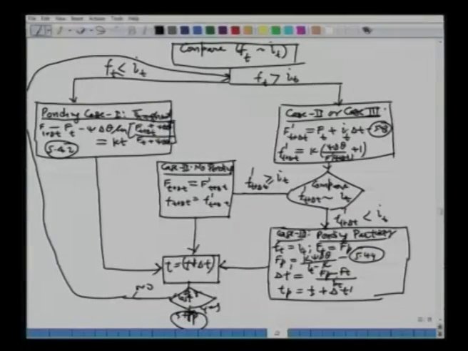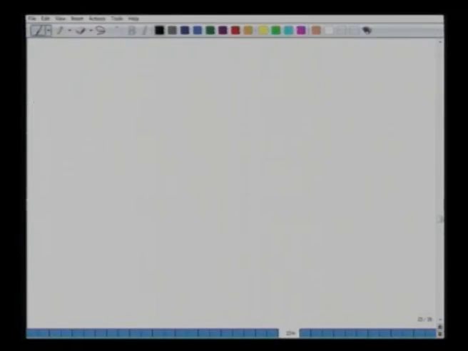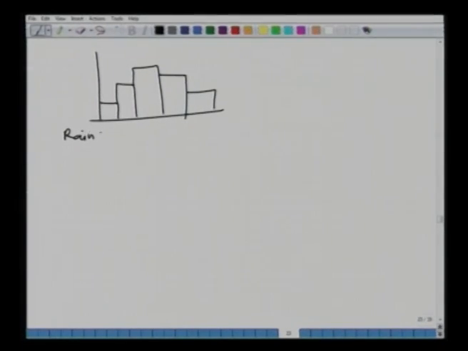Okay. So, if I did that, let me just try to demonstrate that. Let us say this is your rainfall hyetograph data. Okay, in which this is your time and this is your rainfall intensity.